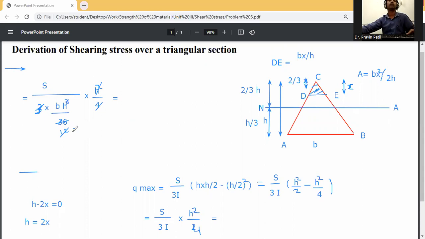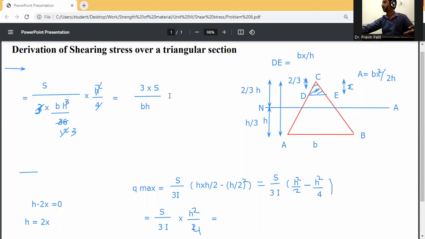Okay, we get the final equation: 3S divided by b into h.